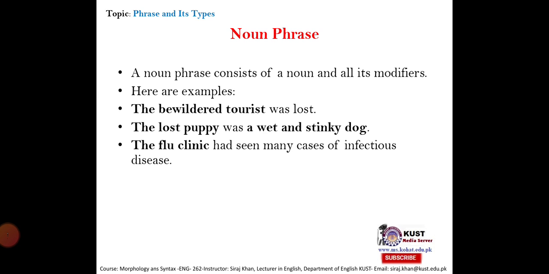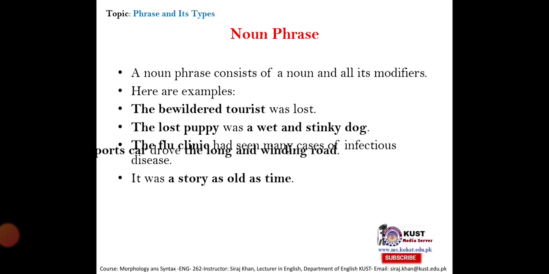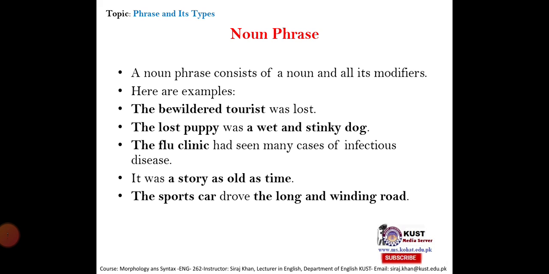The flu clinic had seen many cases of infectious disease. Here as an object, it was a story as old as time. A story as old as time is a noun phrase. The sports car drove the long and winding road.